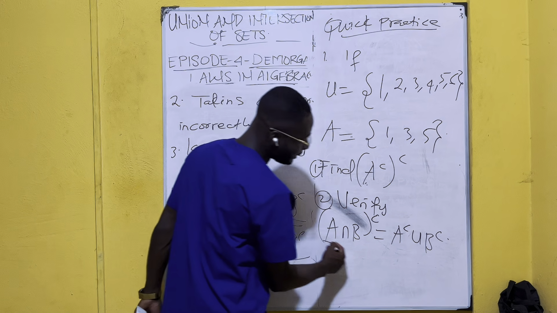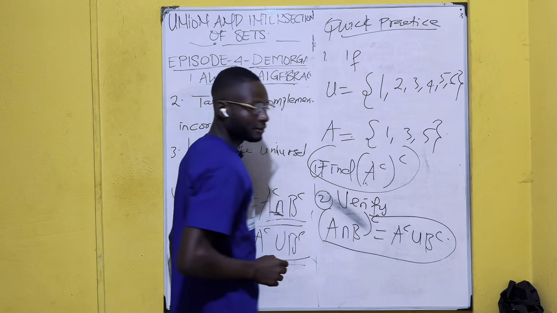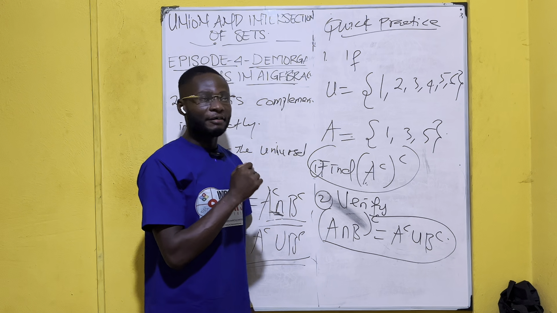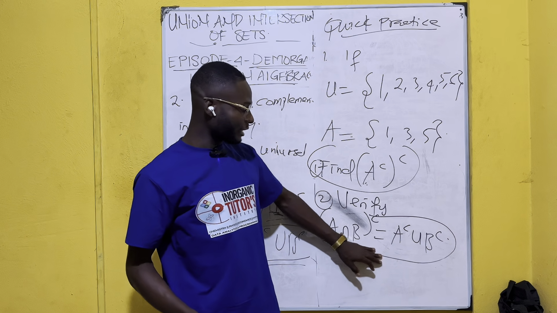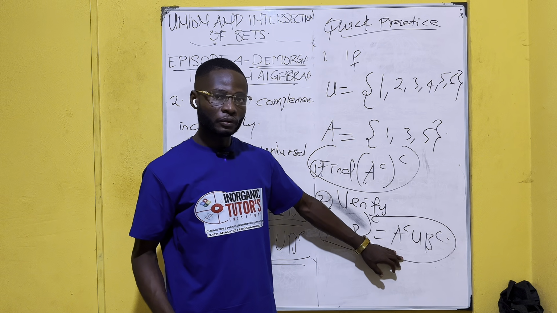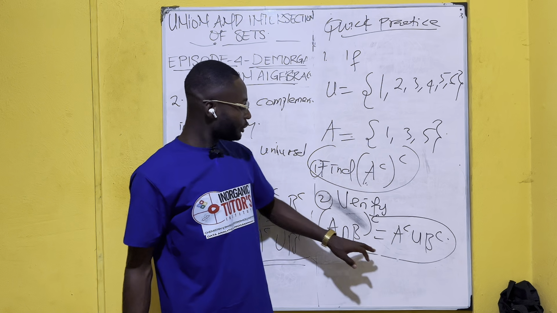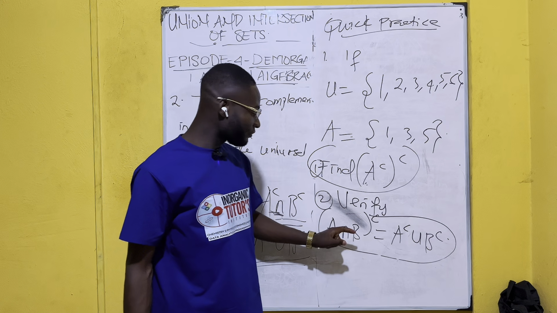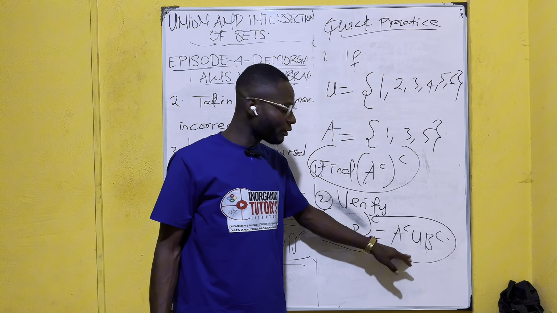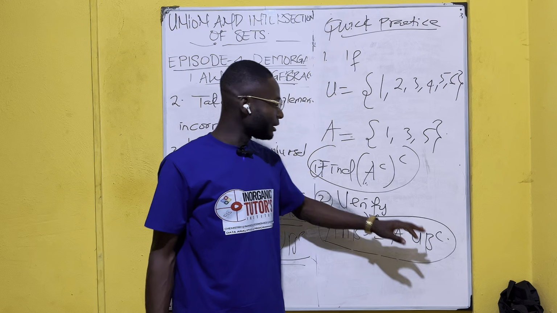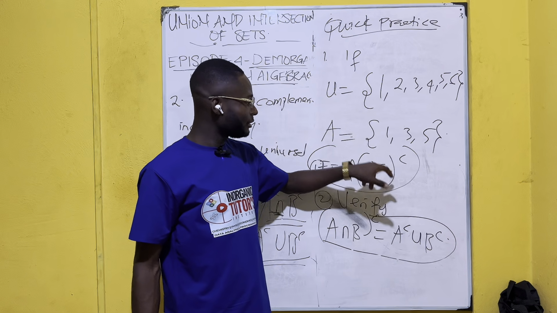So you verify this and then you find this. As we did from the verification, you do for all, then you check if these things hold. If it doesn't hold, it means you have a problem with your workings. So make sure that A intersection B all complement is the same as A complement union B complement, and then also find A complement all complement.